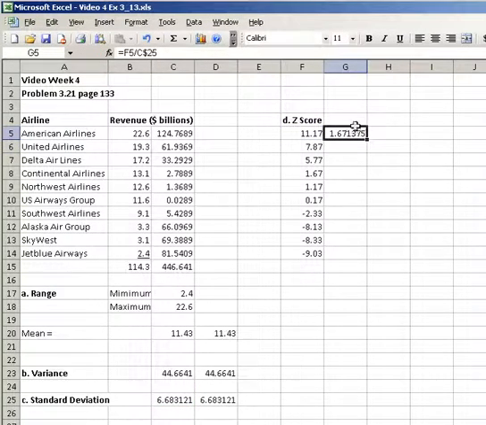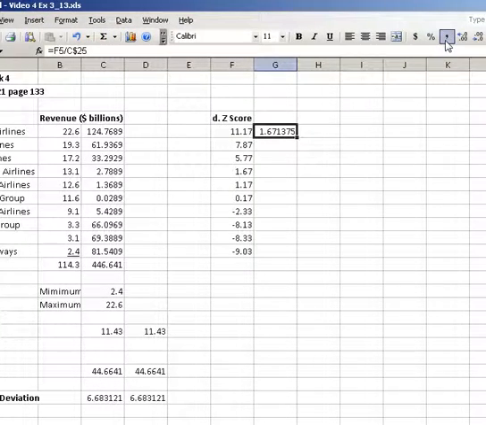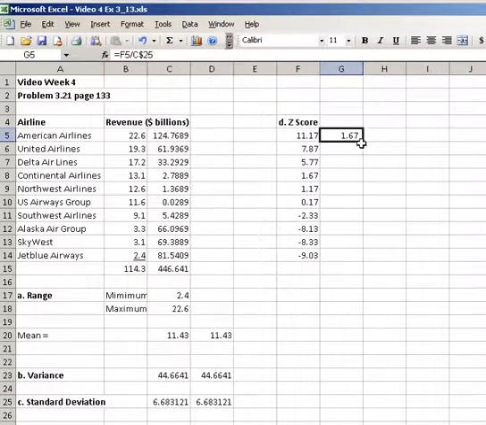That's 1 point. I'm going to make this a little easier to see. Show you what I'm going to do here. This little comma symbol makes it into a comma, two-digit value. It looks a little nicer is all.